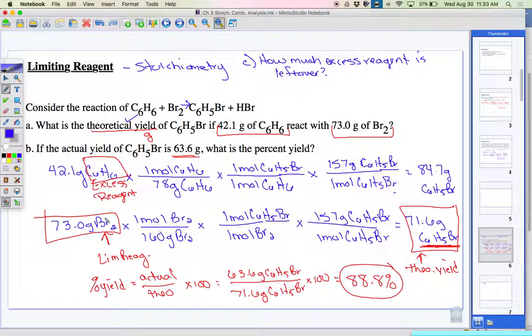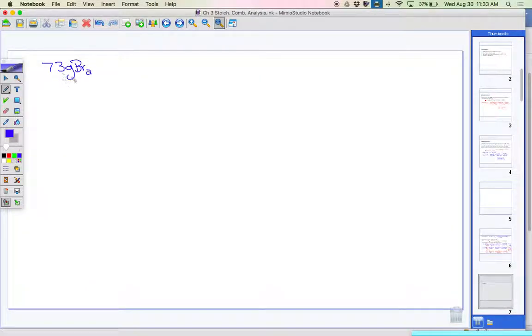It's just another stoichiometry problem, right? So how many grams of the other one? Okay, so this was 160. Well, what's the relationship between the Br2 and the other?